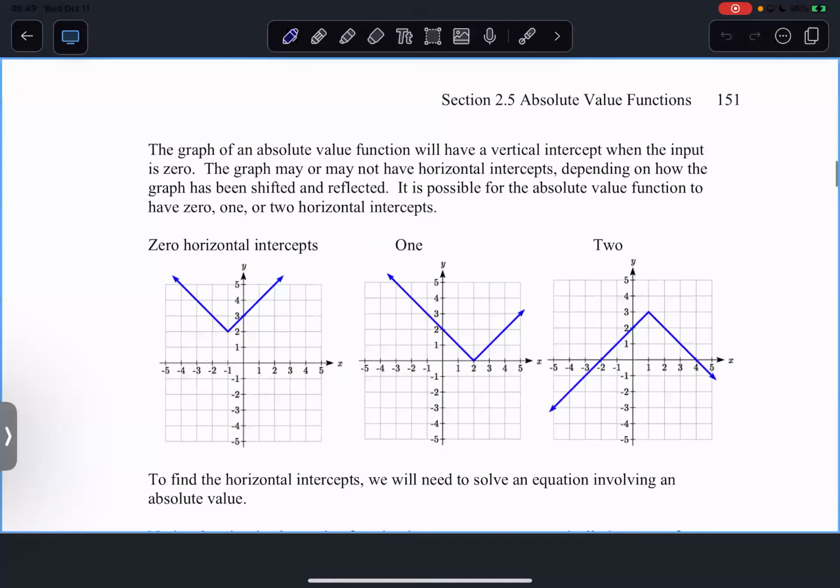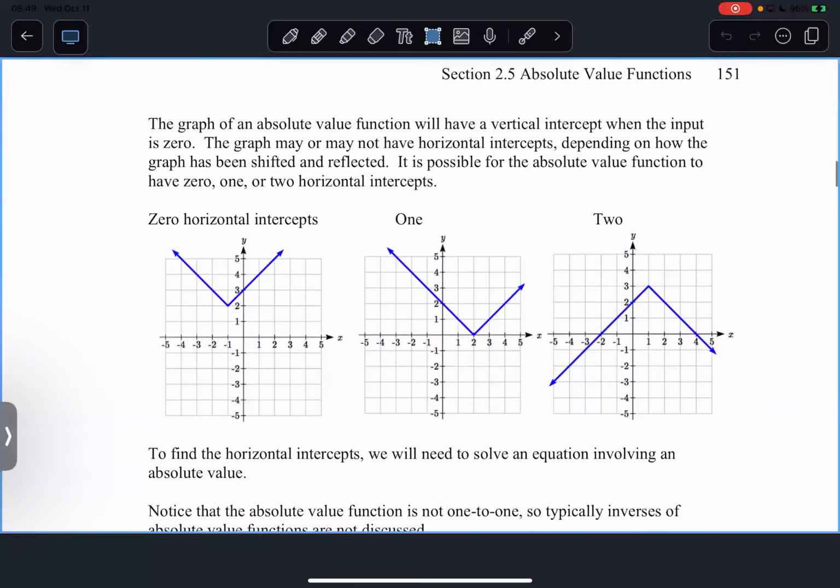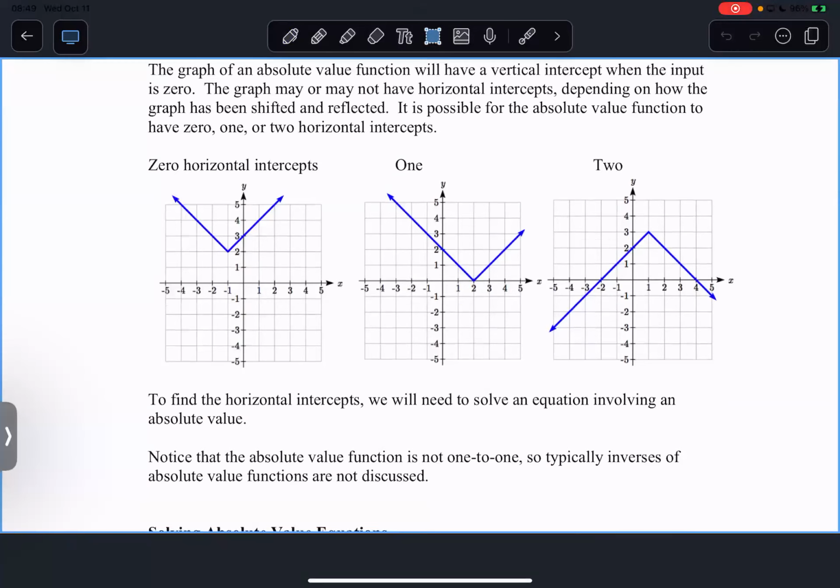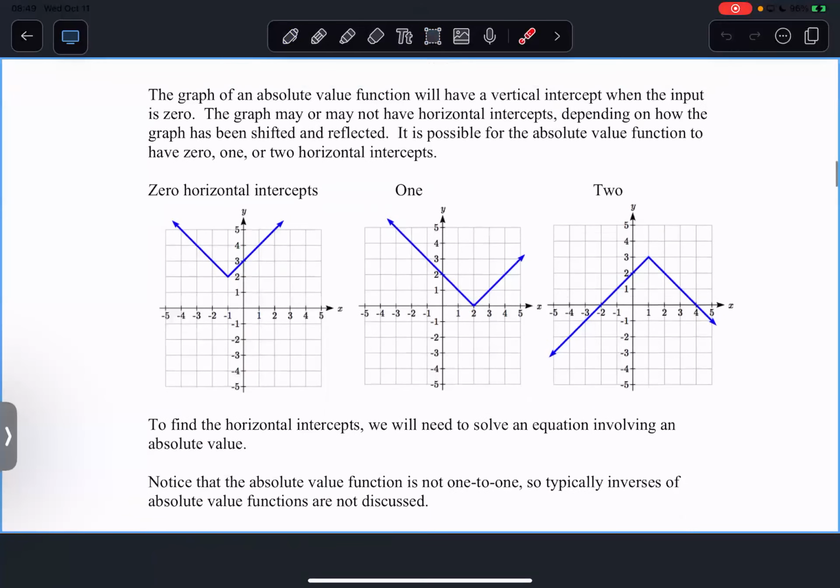What about if we talk specifically about the intercepts, right? I can have one intercept, the y-intercept.